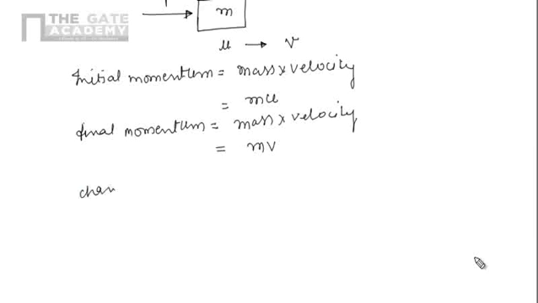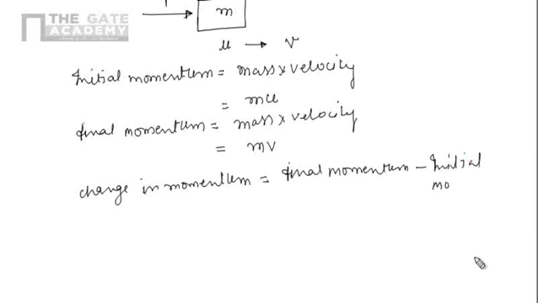So the change in momentum. Remember one thing, whenever we take the change in any vector quantity, we have to take final minus initial. So final momentum minus initial momentum, we have mv minus mu.